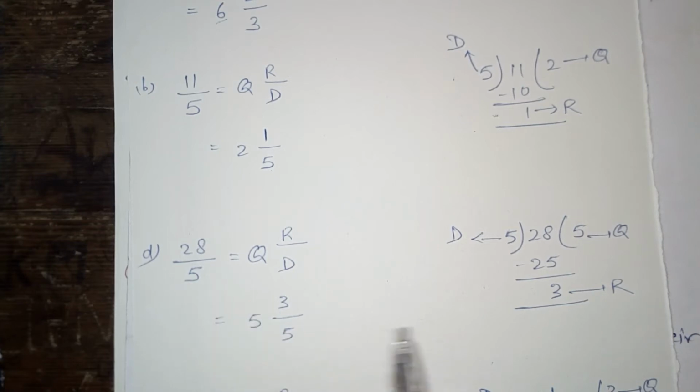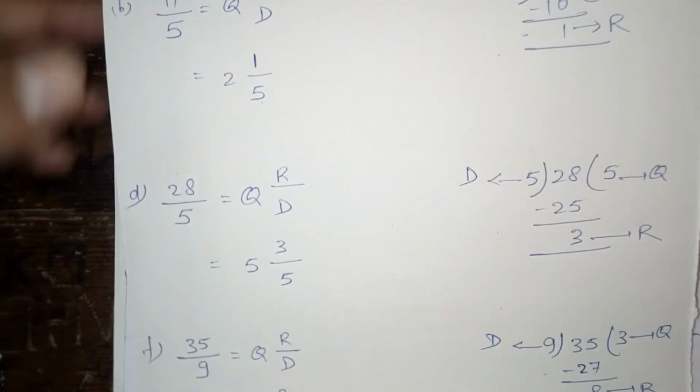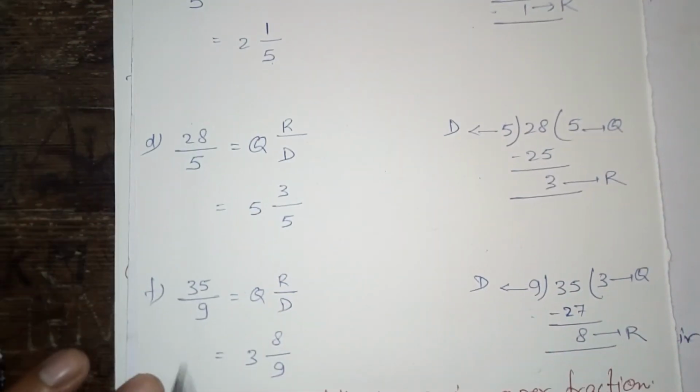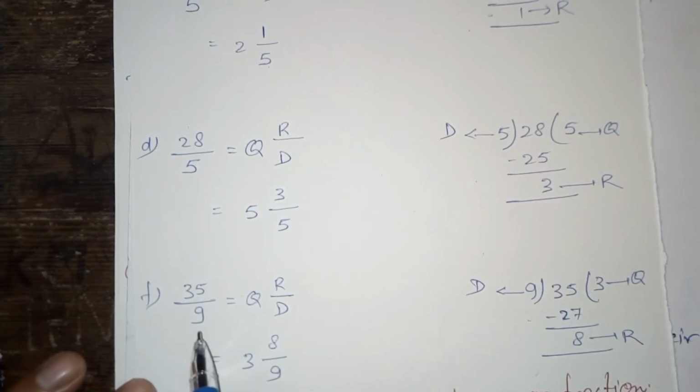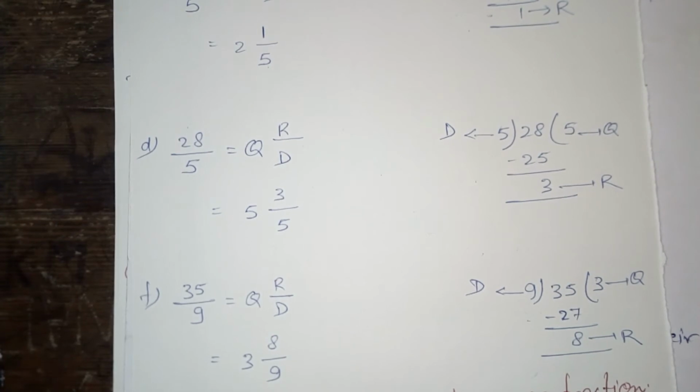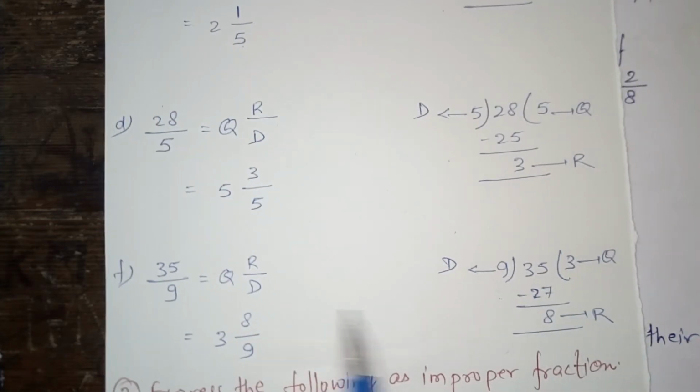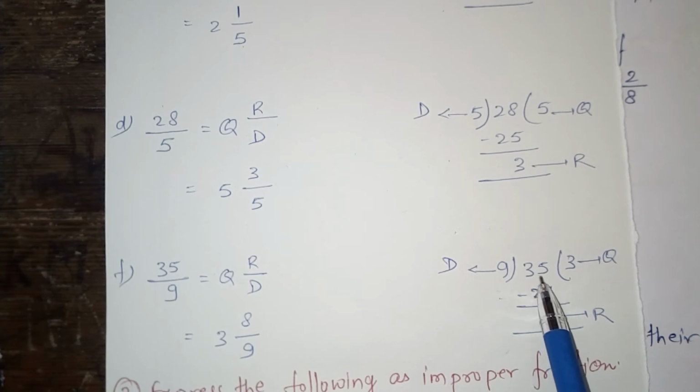Now your next question is 35 upon 9. 35 upon 9 is an improper fraction, and by the help of the division procedure we can convert it to a mixed fraction. How? Look here. 35 divided by 9, we will get 9 3s are 27. After subtraction we will get 8.